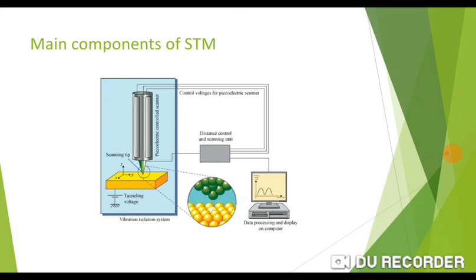Then there is one feedback system for current. The piezoelectric scanner can be mounted with the tip or a sample stage, and actually you can observe the image in this.